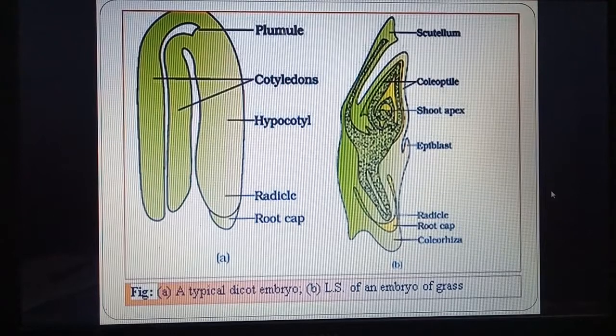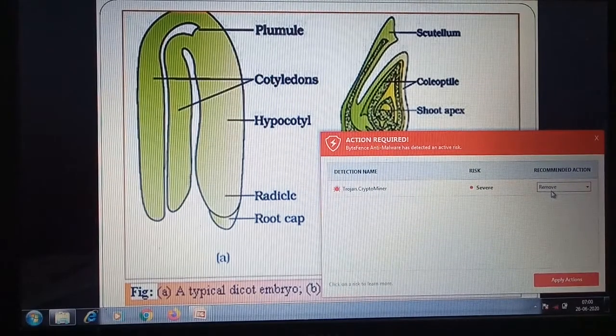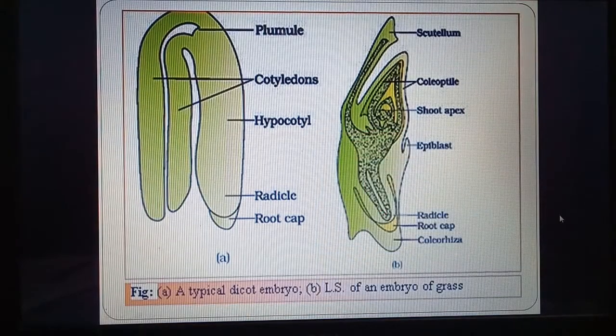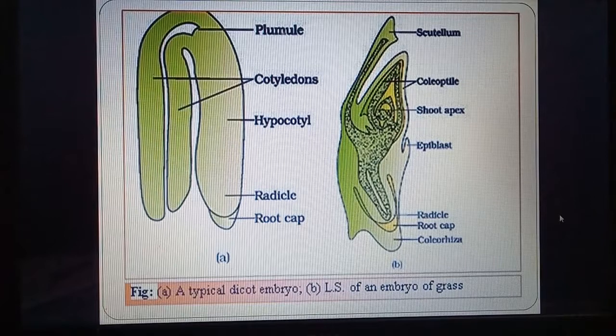Here we can see the dicot embryo in figure A. So plumule or stem tip, two cotyledons, hypocotyl, radicle and the root cap. In the B diagram we can see the embryo of grass.